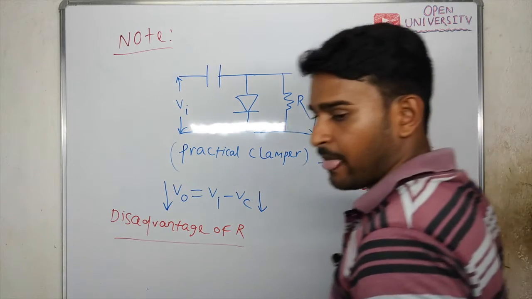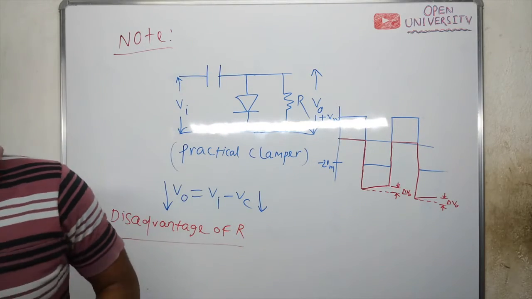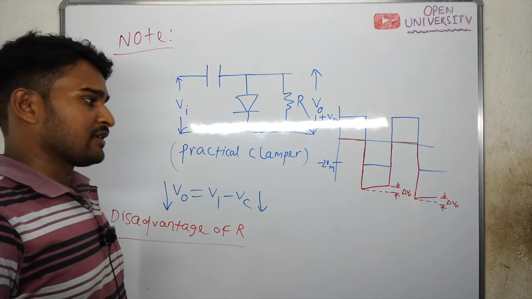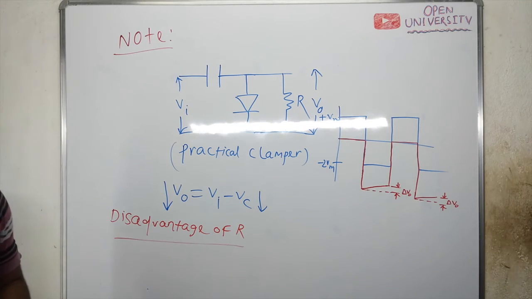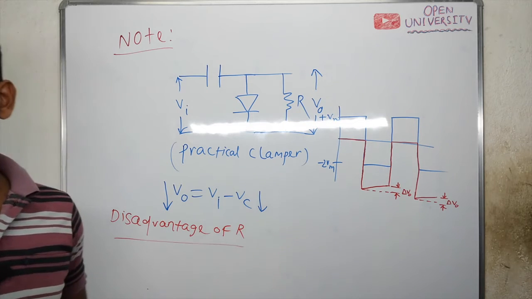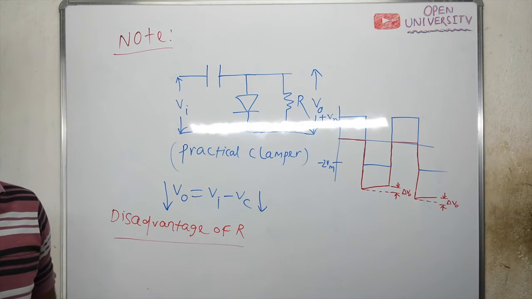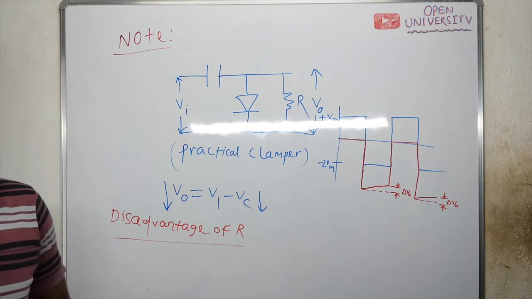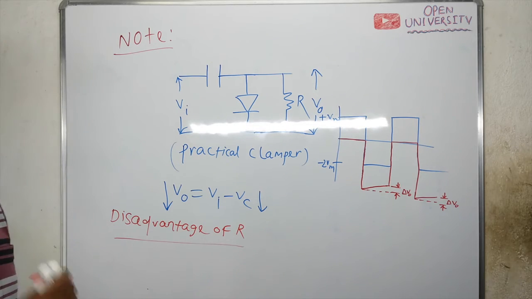Write down: the capacitor will have undesired discharging through R in the negative half cycle of input.